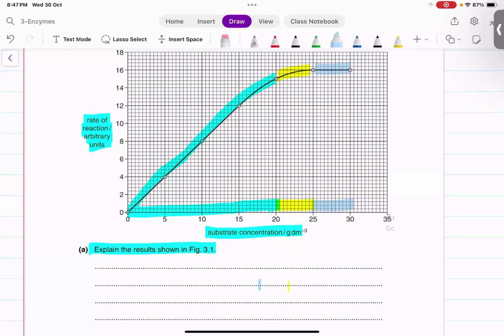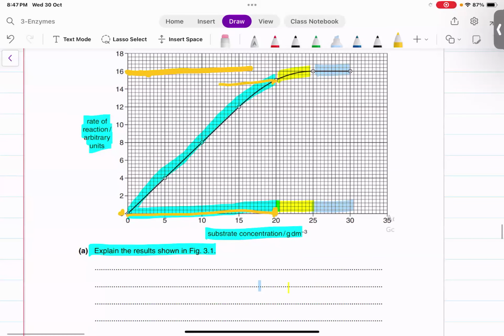Okay, so this is description. You have taken the values from the x-axis and the values of rate from the y-axis. So that would be describing. As we increase the concentration to 20, the rate increases from 0 to maybe 14 point something.